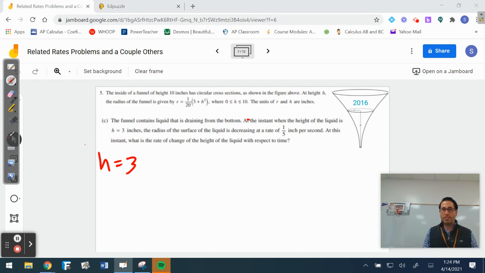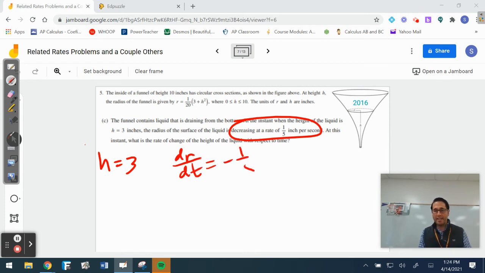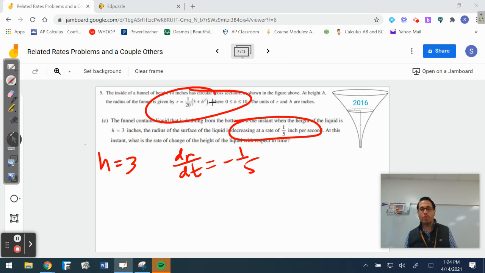See, here's where they throw a little twist in here, right? The radius of the liquid is decreasing. So that means dr/dt is equal to negative 1/5. At this instant, what is the rate of change of the height of the liquid? So boom, I've got to take the derivative of that.